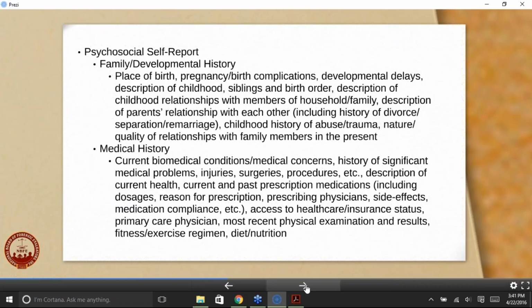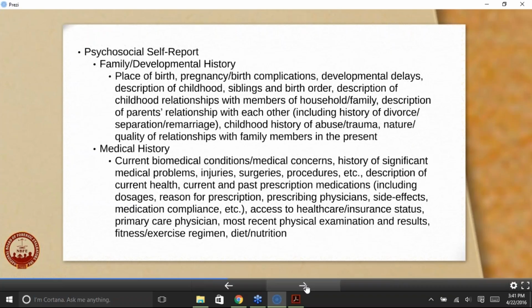So in the family or developmental history, we talk about where they were born, when they were born, were there any pregnancy or birth complications, developmental delays, descriptions of their childhood, their siblings and birth order, descriptions of childhood relationships with members of the household or family, and of the parents' relationship with each other when the client was growing up, including history of divorce, separation, and remarriage, childhood history of abuse or trauma.